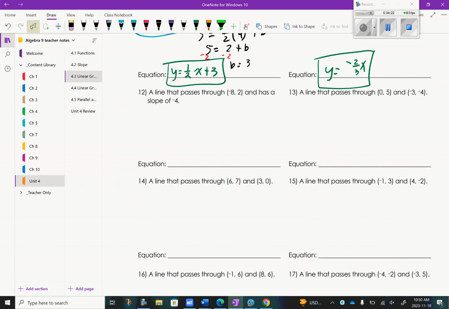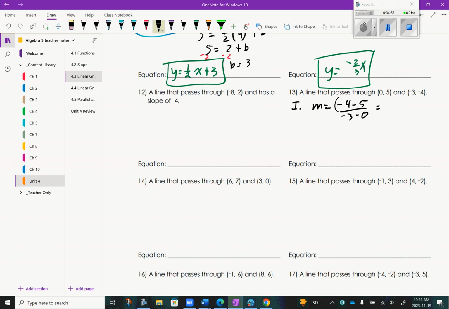Let's skip to number 13 here. Number 12 is very, very similar to what we just did. For 13, wait a minute, this is a little bit more work because they just tell us 2 points. We need to find the slope. Again, our slope formula, we're going to take the difference in the y's. So I have to take negative 4 minus 5 over the difference in the x's, negative 3 minus 0.